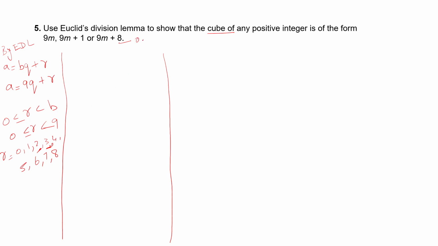Suppose if the question is like this, or 9m plus 27, then you have to expand 3 also. 3 3s are 9, 9 3s are 27. But our question is up to 9m plus 8. So if we expand r is equal to 0, 1, 2, that is sufficient. Okay, done. Don't expand the remaining.